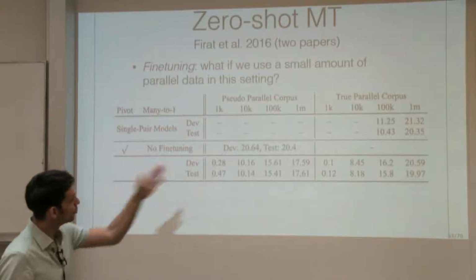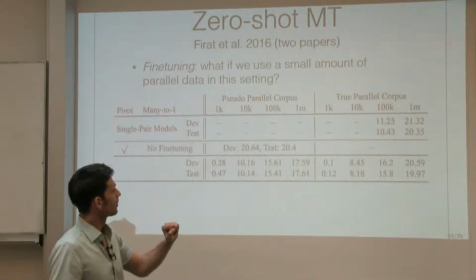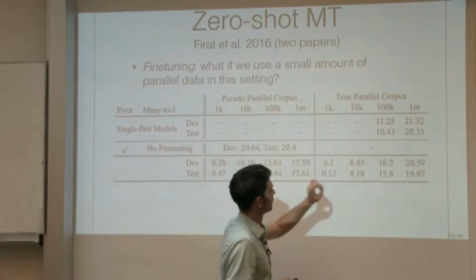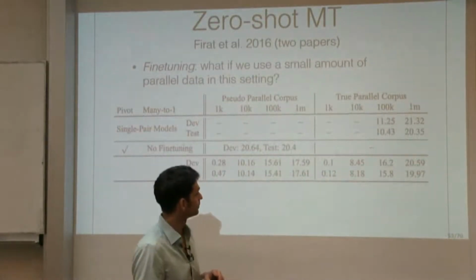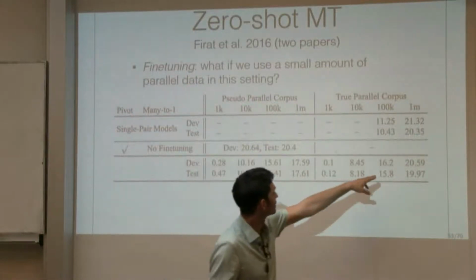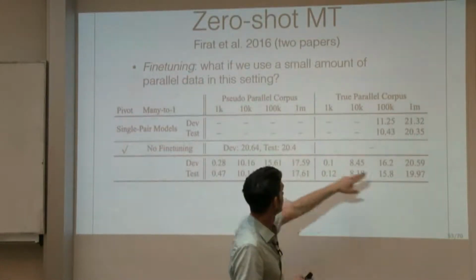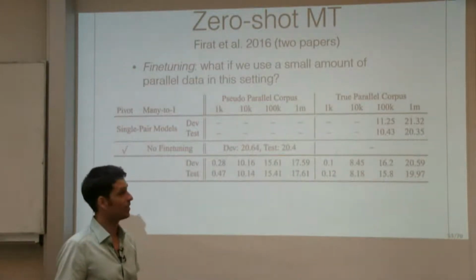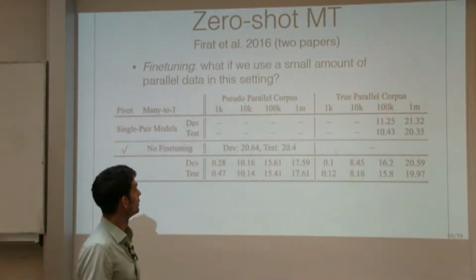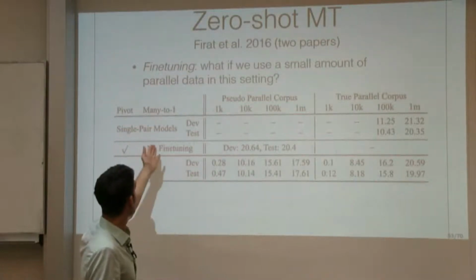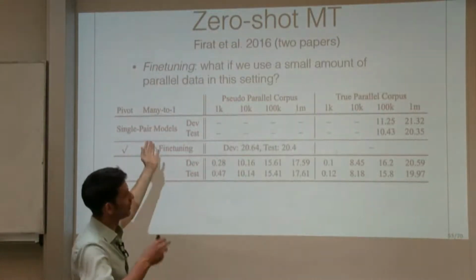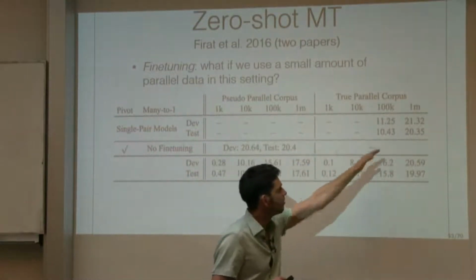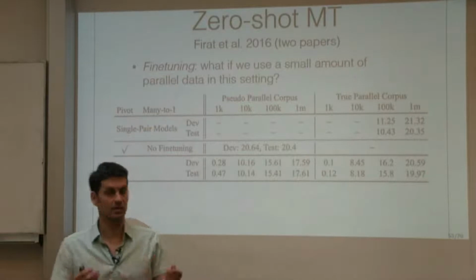And if we use the true parallel corpus, then we get towards the performance of the explicit pivoting setup, maybe slightly above or slightly below, but not much. So we can reach the performance, but we need true parallel data. Unfortunately, if we have these single pair baseline models and we use 1 million sentence pairs, we will get a better performance even with this sampling.